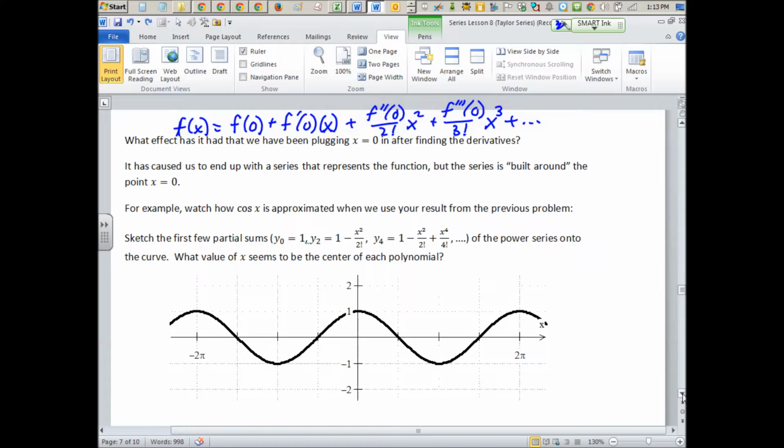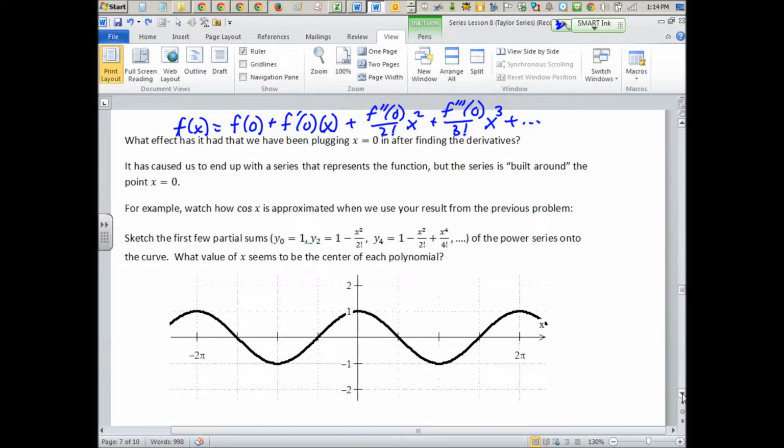That's what I told you. Why are we plugging in 0? Part of it was out of necessity, okay? But what would happen if we plugged in a different number, instead of 0, into the derivatives? Let's see what would happen. That's what we're going to look at here.